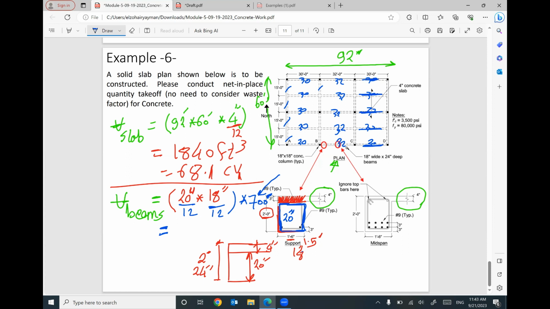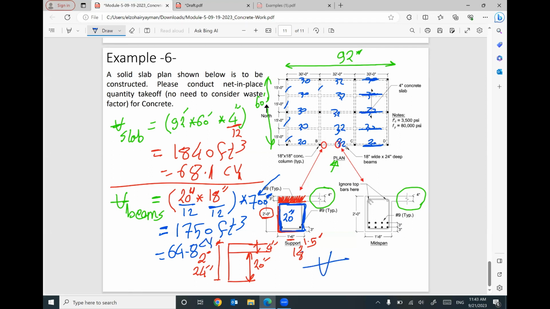If you multiply this total length by this cross section, I need to order 1,750 cubic feet, or divided by 27, 64.8 cubic yards.